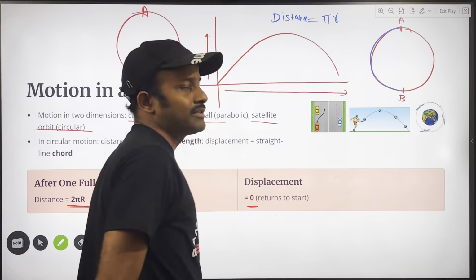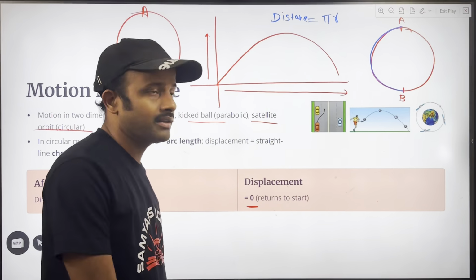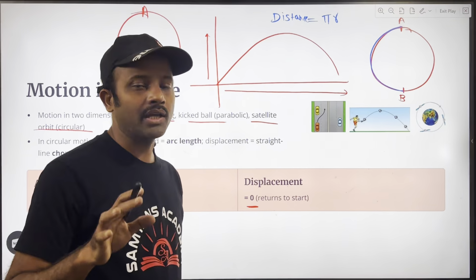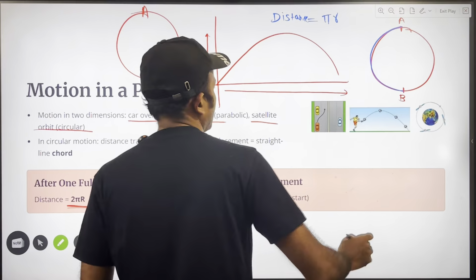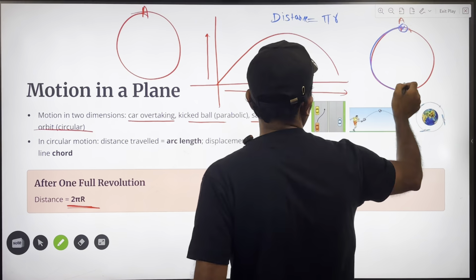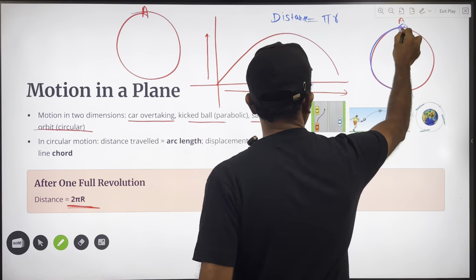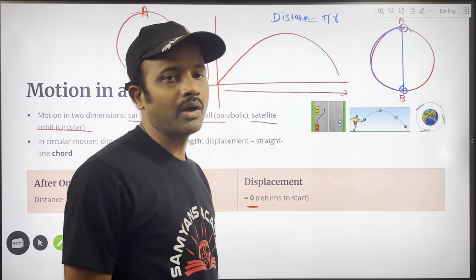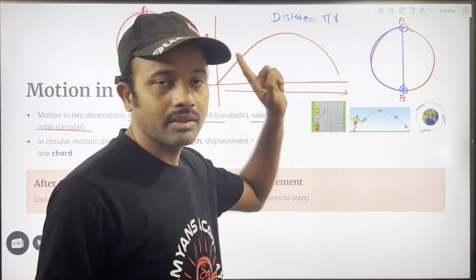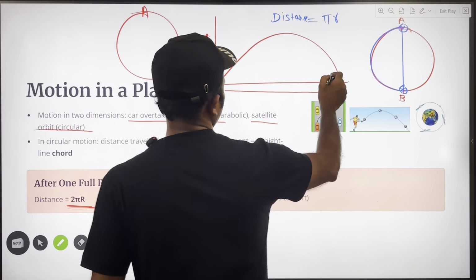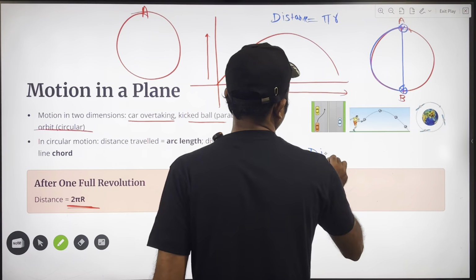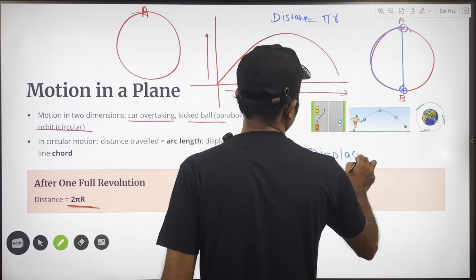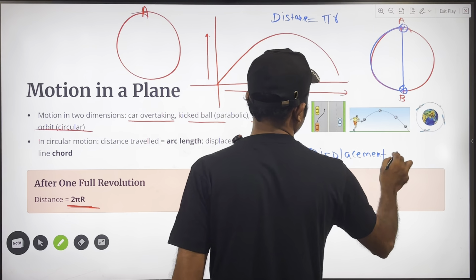Then how do you get the displacement? While calculating the displacement, remember you have to join the initial point and the final point. The initial point is A and the final point is B. The gap between A and B gives you the diameter. The diameter of the circle gives you the displacement for half rotation on a circular path.